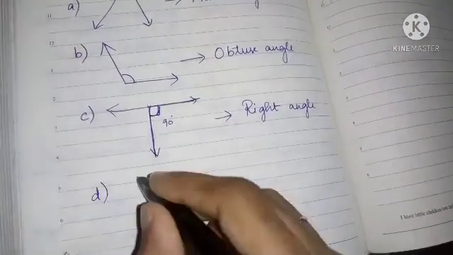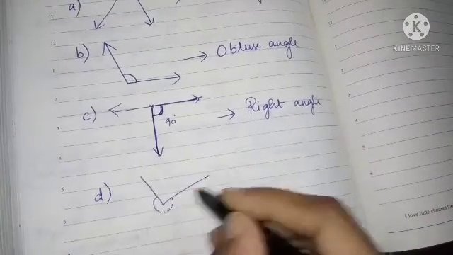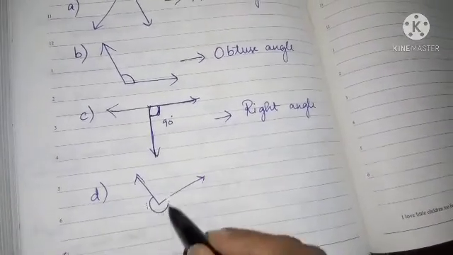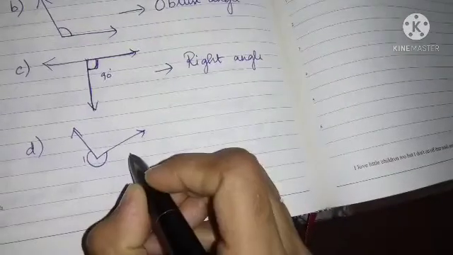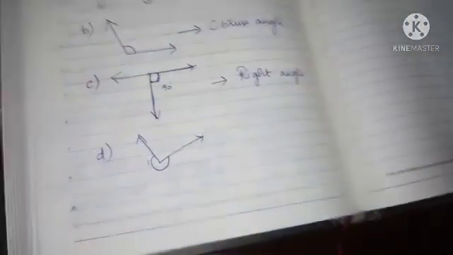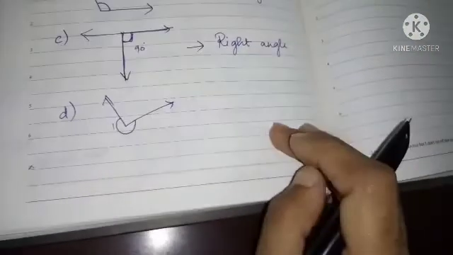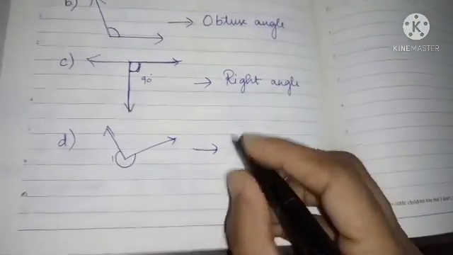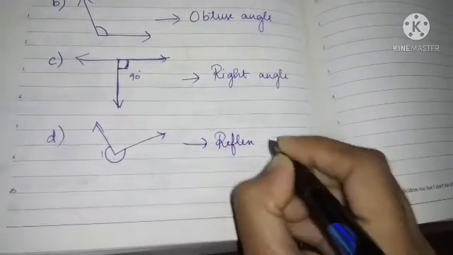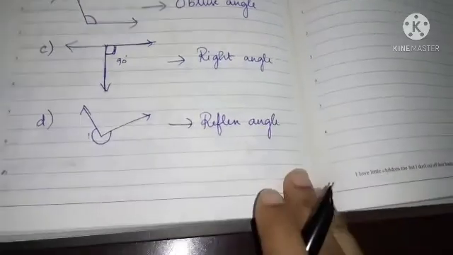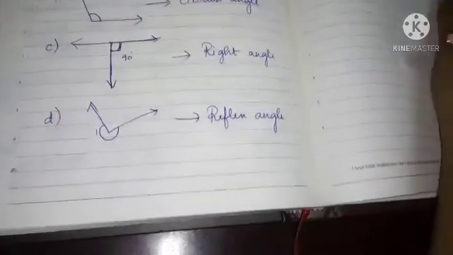D subdivision. It is like this. It is more than 180. Straight is 180, and it will be beyond this 180 degrees. Beyond means it will be more than 180 degrees. So we call it reflex angle.